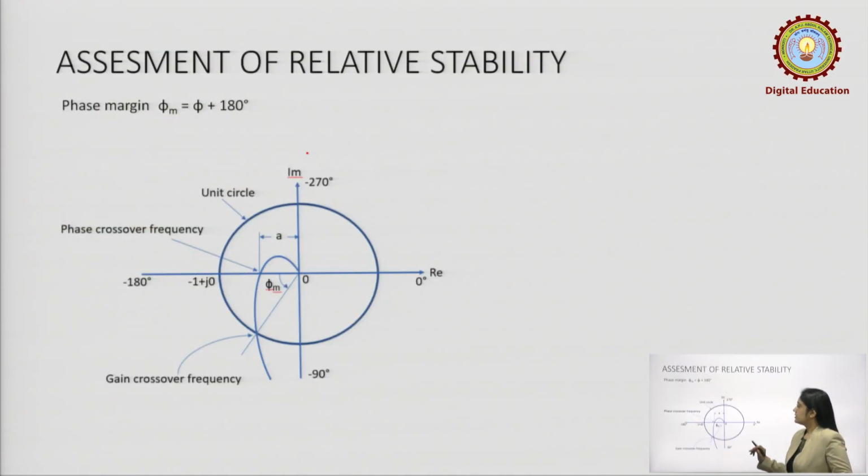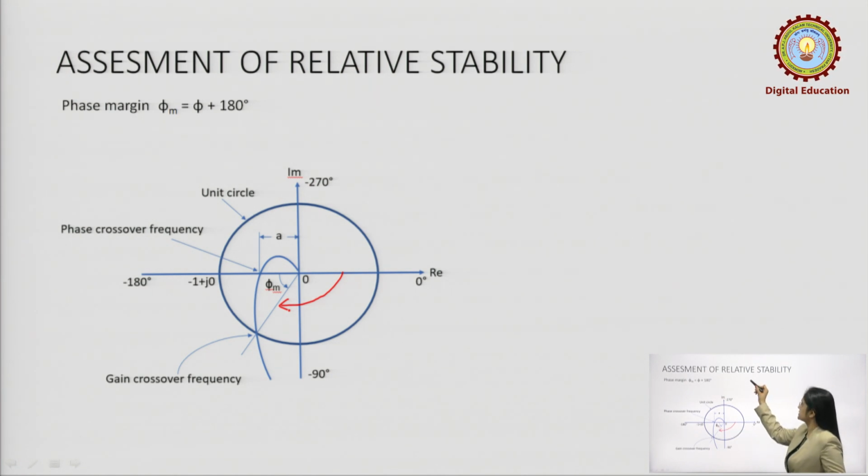Now we will look at what the phase margin is. Phase margin is measured from the negative real axis. When we substitute s = j omega and get G(j omega)H(j omega), we get a magnitude and phase.